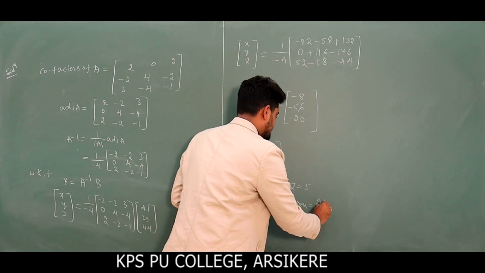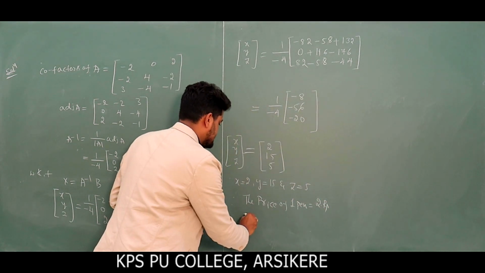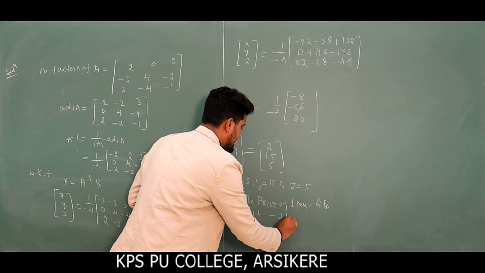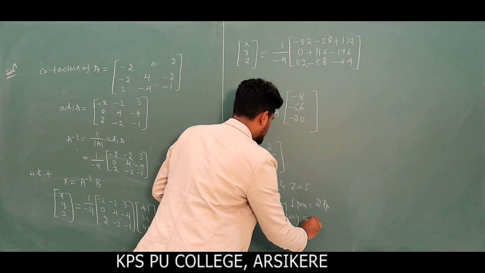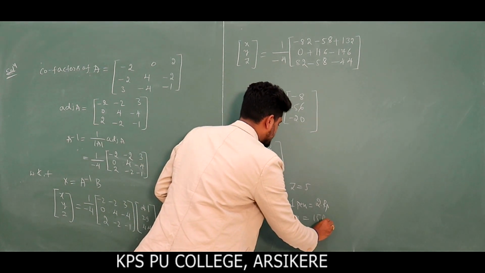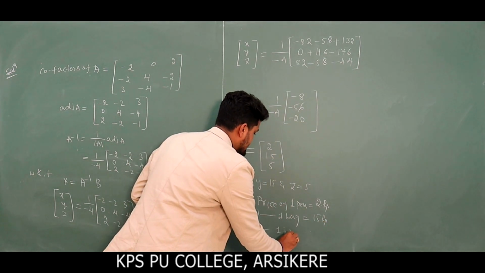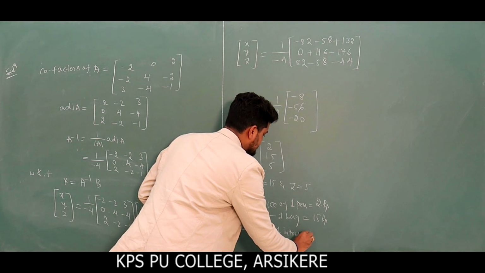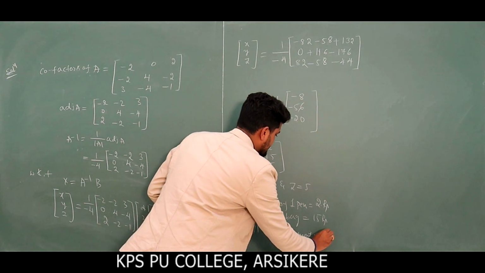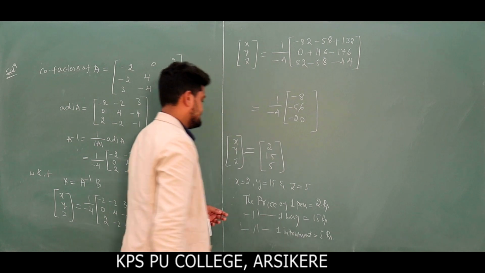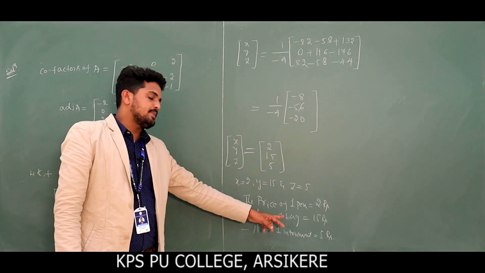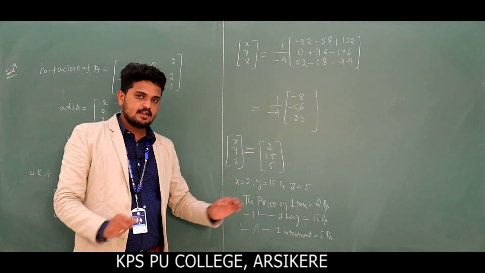The price of one bag is equal to 15 rupees. In the same way, the price of one instrument is equal to 5 rupees. This is the value of one pen, one bag and one instrument.